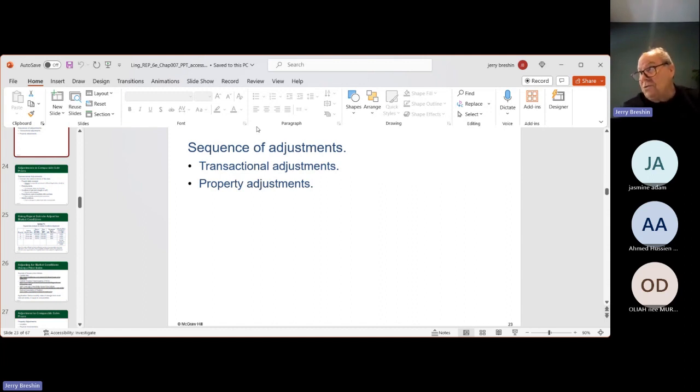So appraisers doing formal appraisals have to understand that they have to make an adjustment for the value of the subject's home. So whether you're an official appraiser or a realtor trying to explain to a client why a home should be worth more or less, you always have to make adjustments.